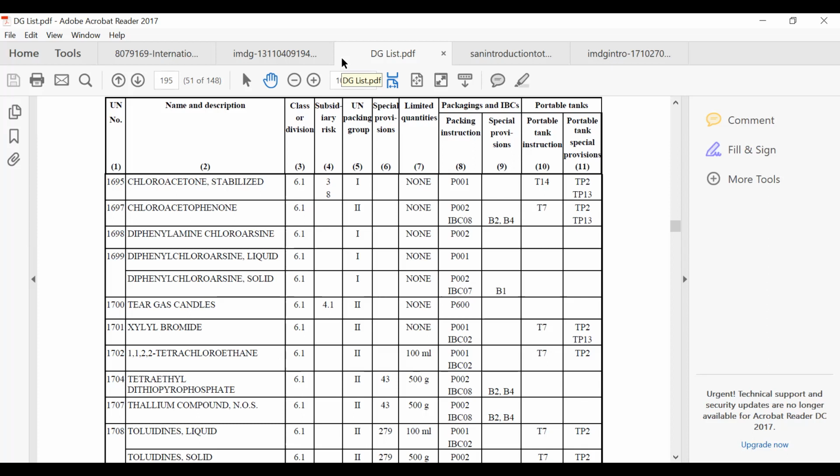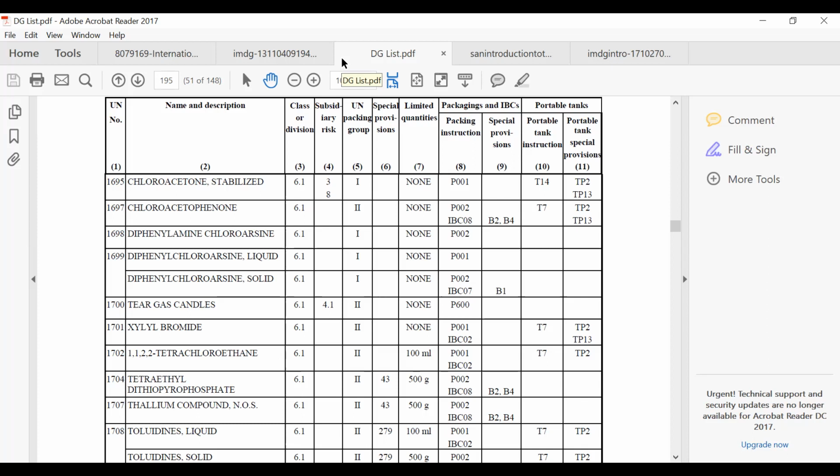Now moving on to the UN packing group. I explained the UN packing group last time, and I'm just going to bring out the note for it. I explained that the packing groups are in 3 places.